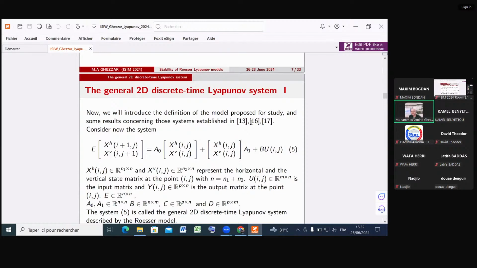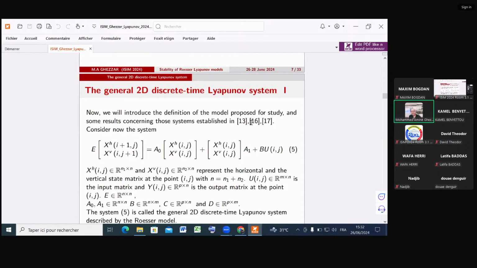As you can see, those systems have particular notations and a particular form. Really, it's not easy to deal with those bidimensional systems. In our work, we studied what is called the general 2D system.